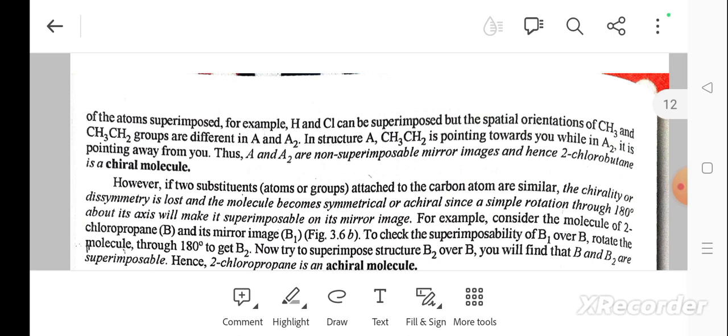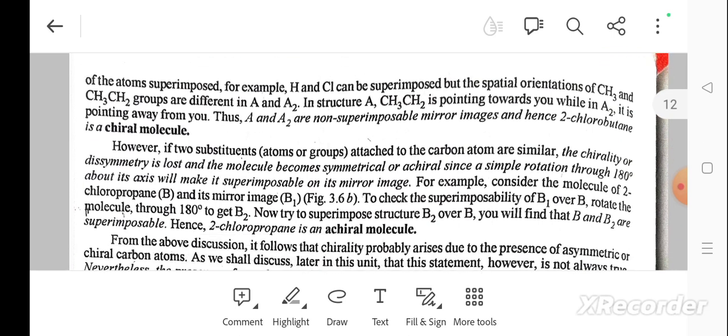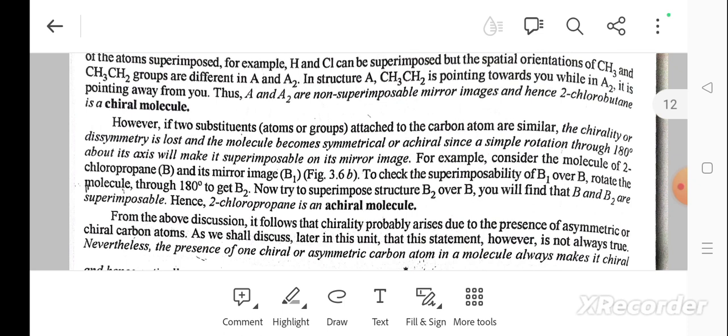However, if two substituent atoms or groups attached to the carbon atom are similar, the dissymmetry is lost and the molecule becomes symmetrical or achiral, since a simple rotation through 180 degrees about its axis will make it superimposable on its mirror image.